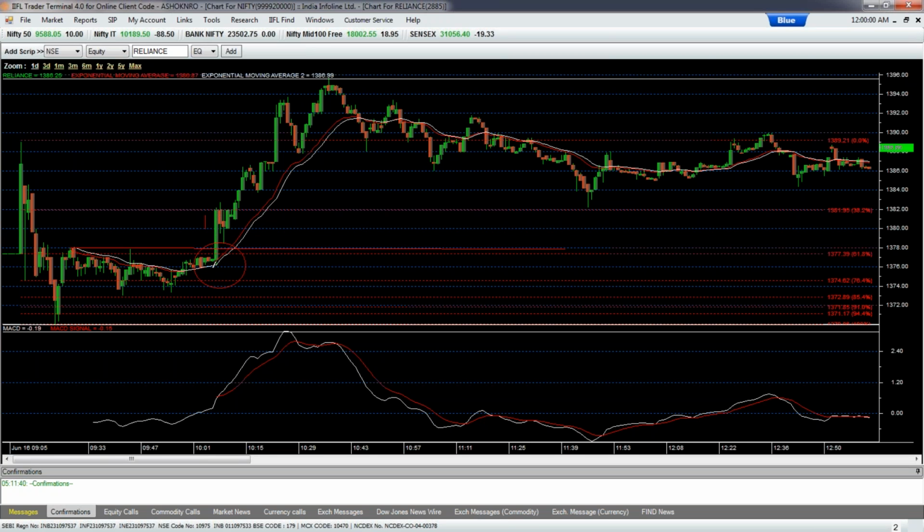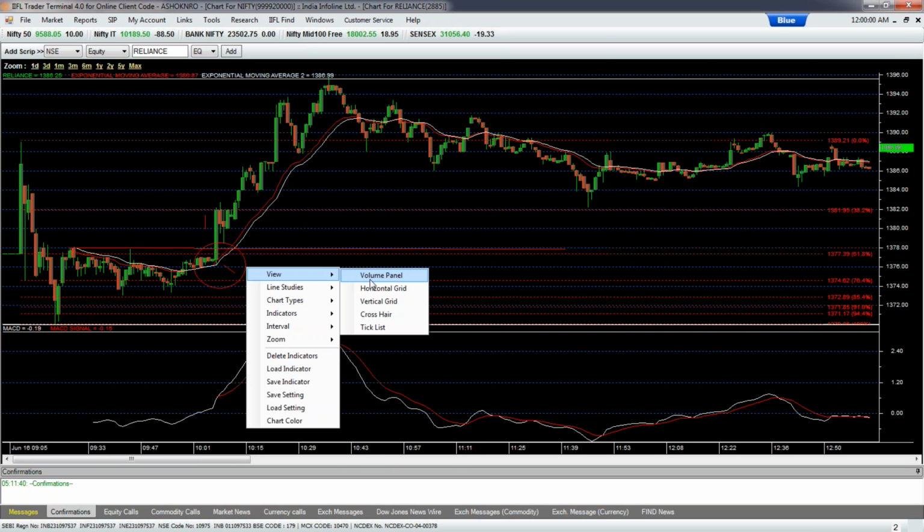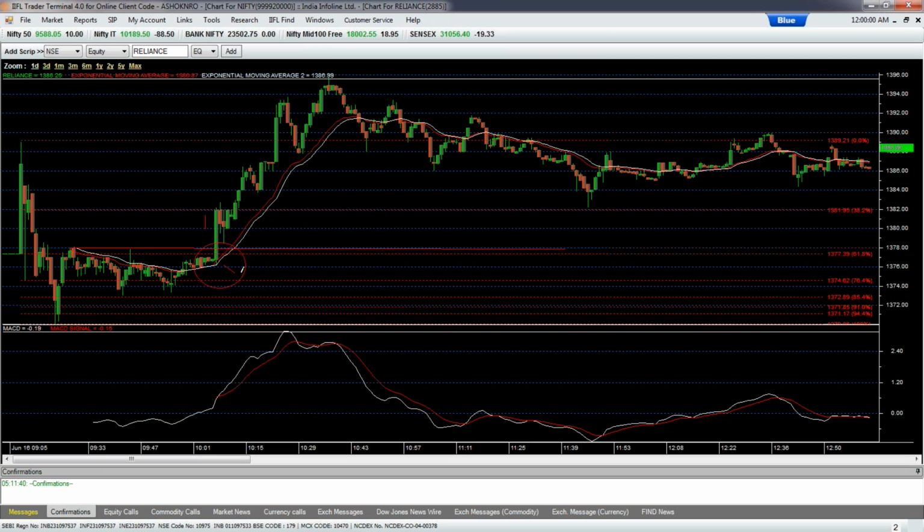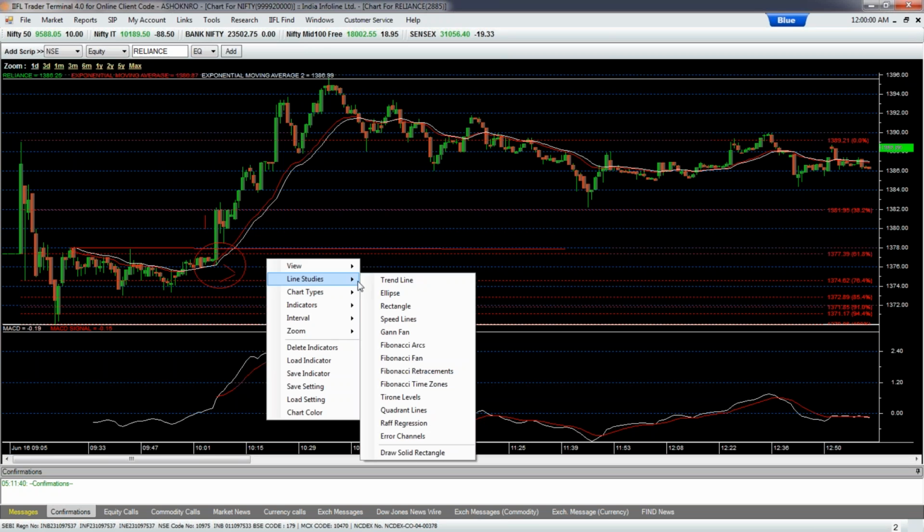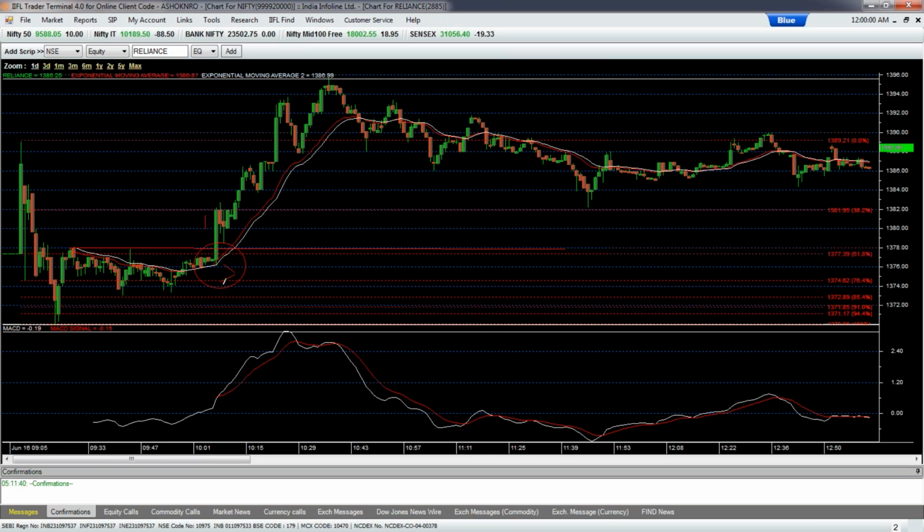Second, it has touched the 20-21 day moving average, and afterwards it took support right there and went higher, right? It is near to the resistance level of Fibonacci retracement.